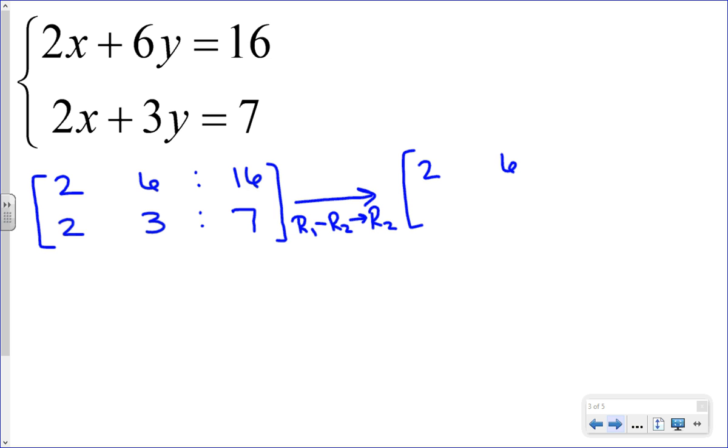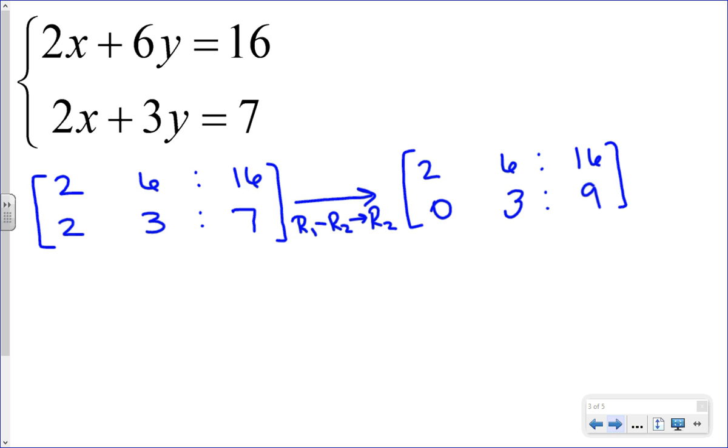Okay. So we would have 0, 3, 9. Negative. Okay. Well, I did mine row 1 minus row 2. If you're doing row 2 minus row 1, then you would have negative 3 and negative 9. You see what I'm saying? Okay.